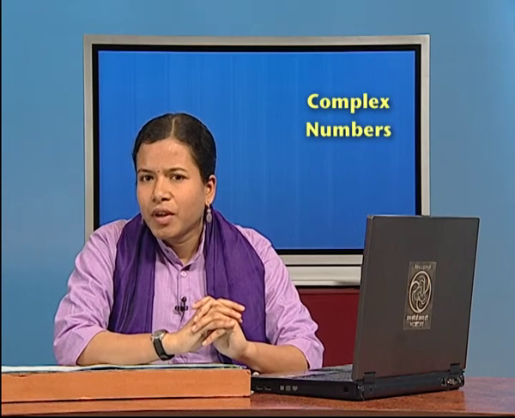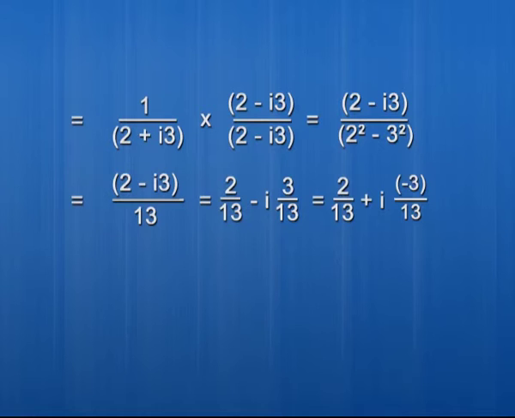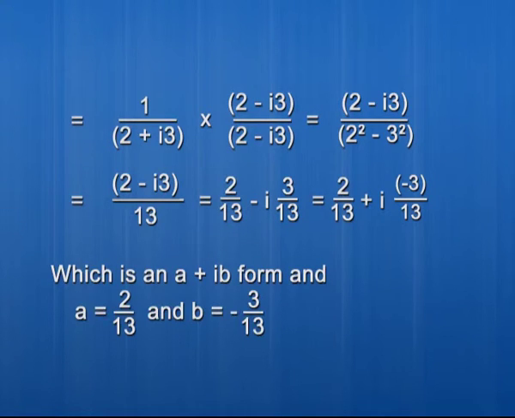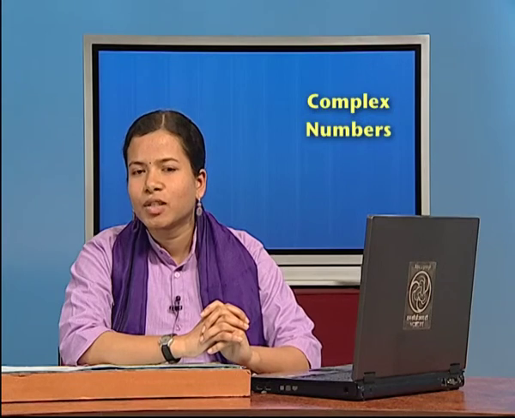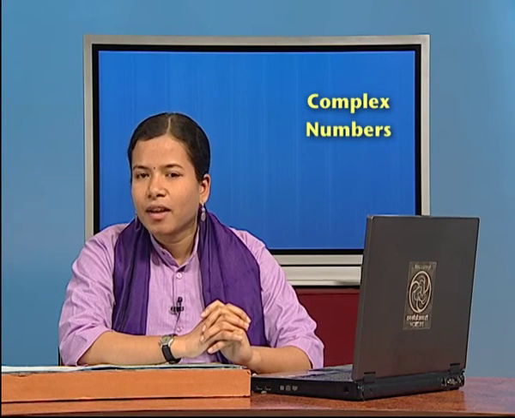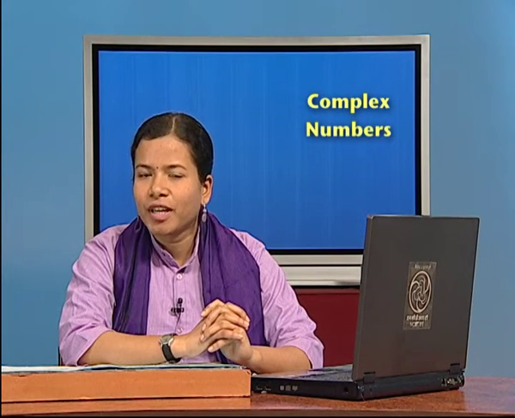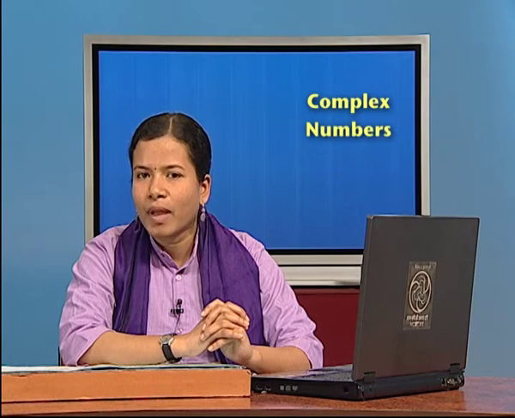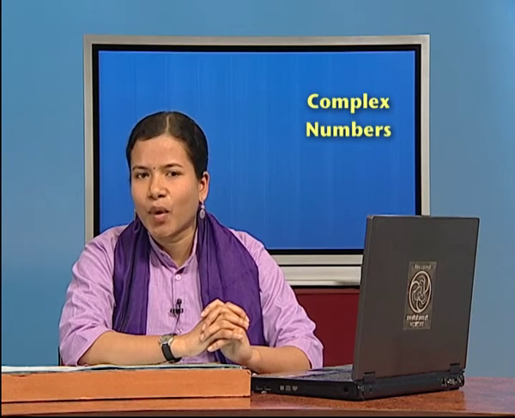We can notice here that this is nothing but in the form of a plus ib, where a is 2 upon 13 and b is minus 3 upon 13. So we can see that any fraction can be written in a plus ib form, as I just discussed.